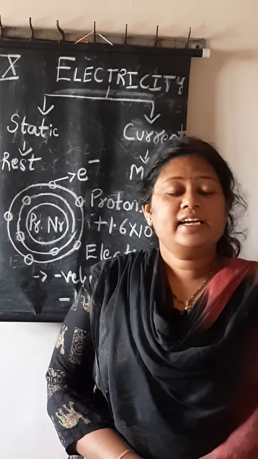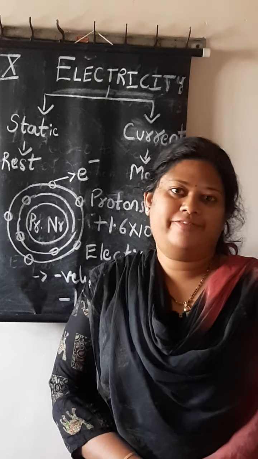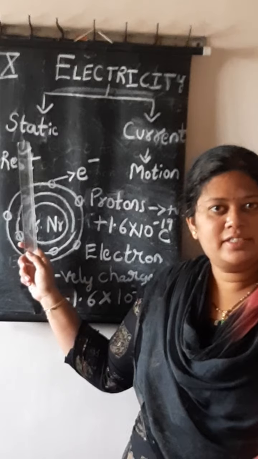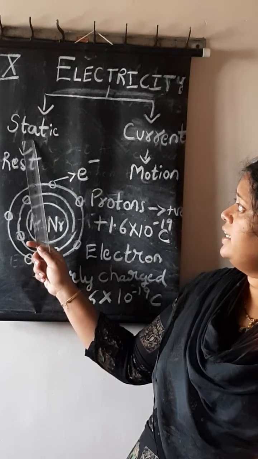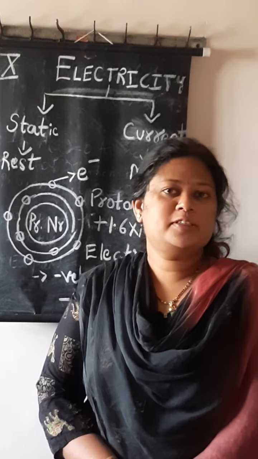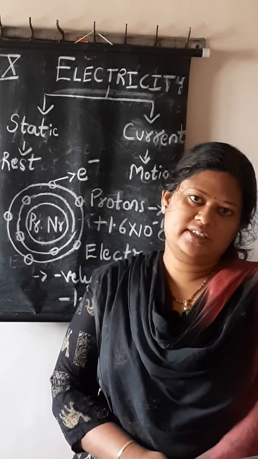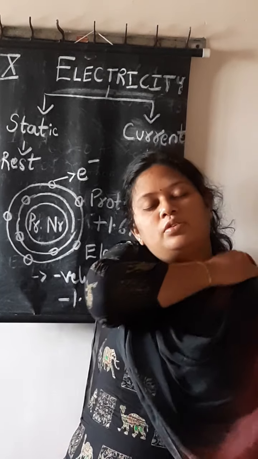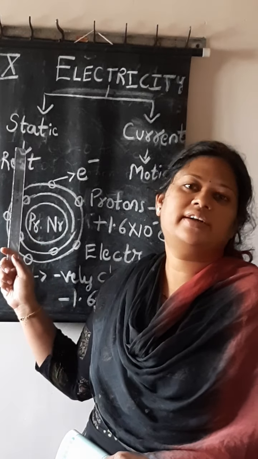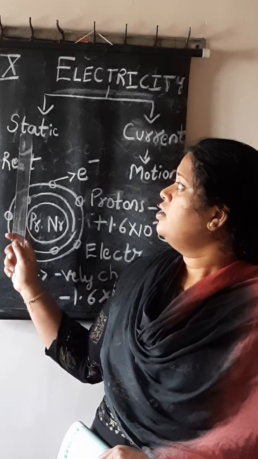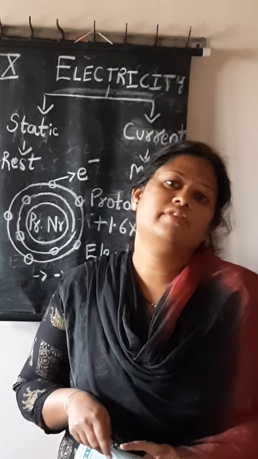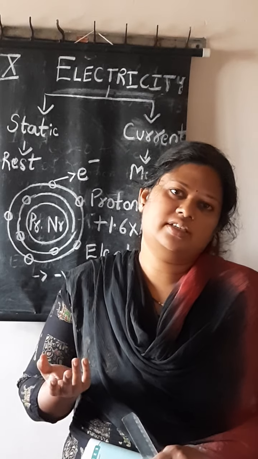Electricity is a wide branch of physics which is divided into two branches mainly, that is static electricity and current electricity. I've already explained what these are in the previous session, but to revise: static means, the word itself tells you, at rest. Electricity is nothing but the study of charges. You all have studied about charges in your lower classes.